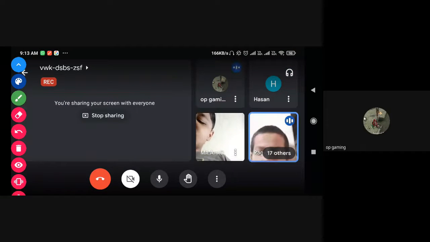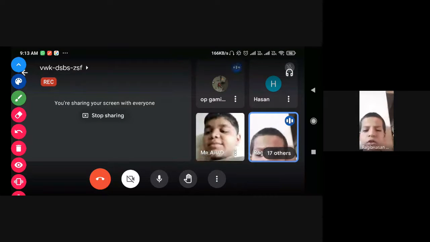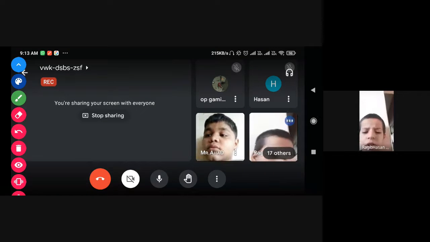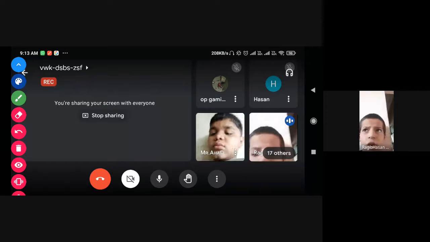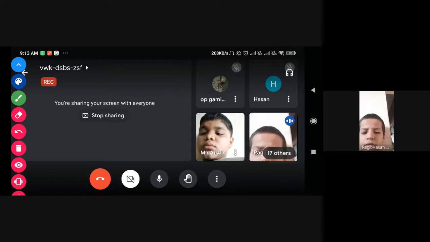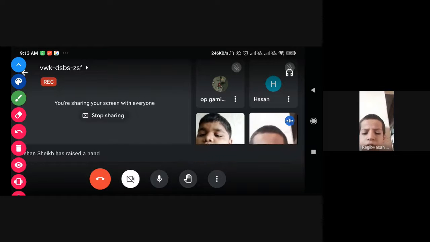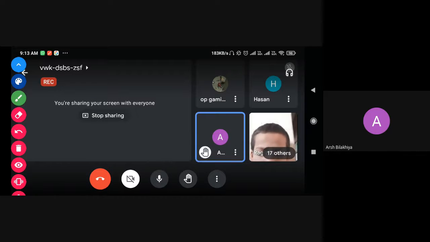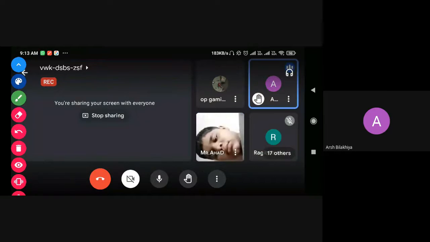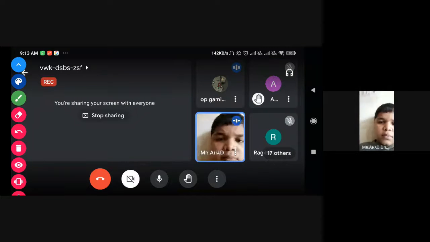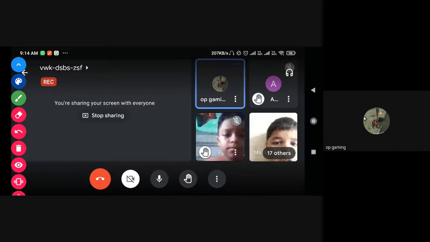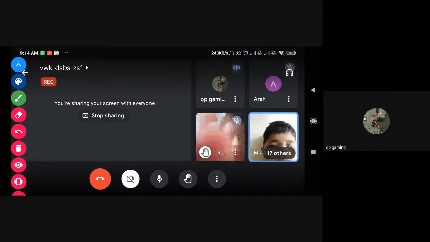Ma'am, fabric is made up of two sets of yarns arranged together to make a fabric. Arranging two sets of yarns together to make a fabric is called weaving. Okay. Ahad, come on. Yes, ma'am.